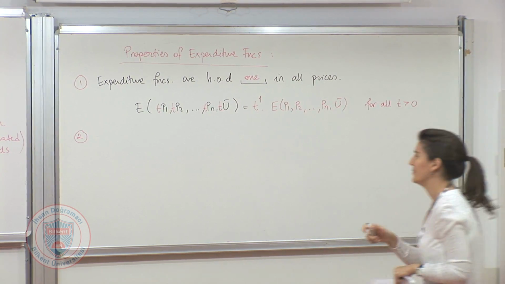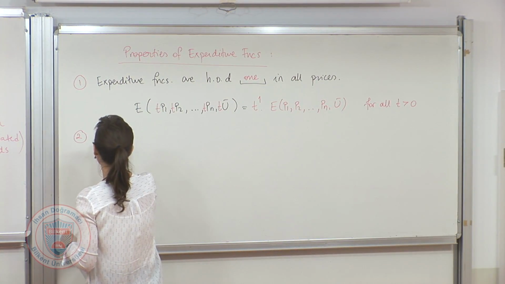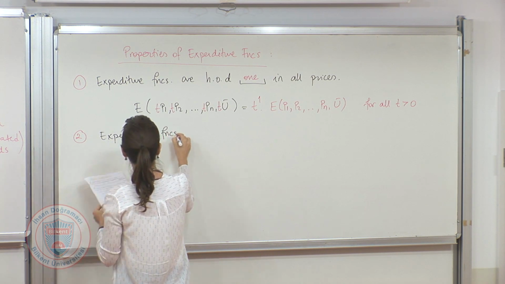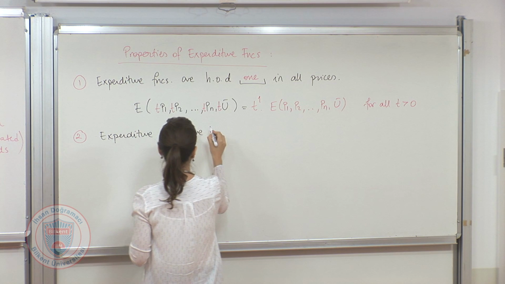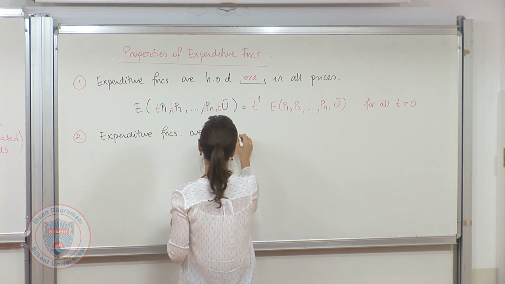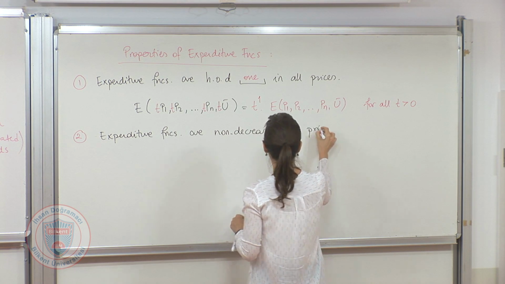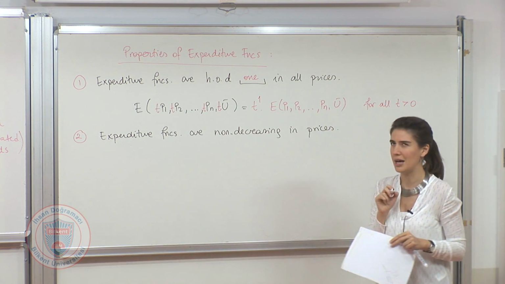Now another one. Let's try to figure this out. Expenditure functions are non-decreasing in prices. Okay, so what does that mean?